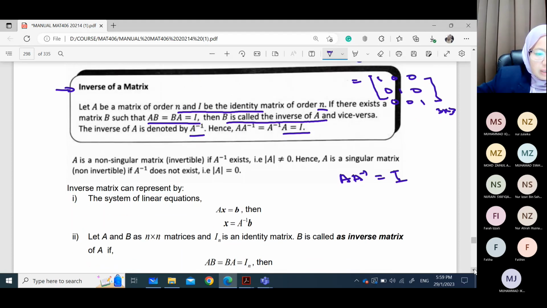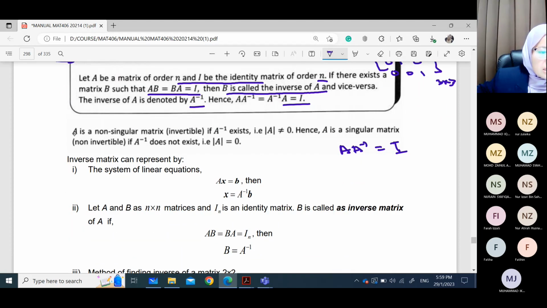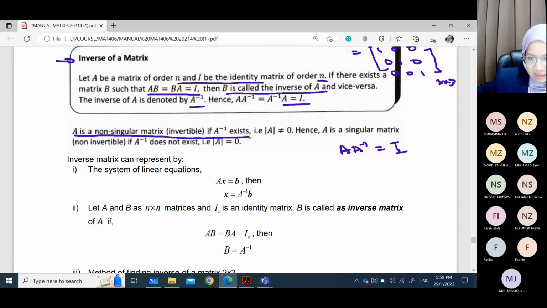Alright, so kita ada singular and non-singular. So A is a non-singular matrix if A inverse exists. Okay, an example, determinant of A is non-zero. So kalau A inverse exists, then we can say that the matrix is non-singular.